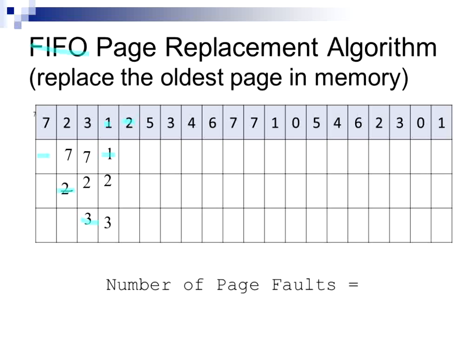Now we want to put page 2 in memory, but page 2 is already in there. So there's no page fault here. These 3 frames will not cause a page fault. Okay, so we still have page 1, 2, and 3 in memory. Now what happens when we get to page 5?